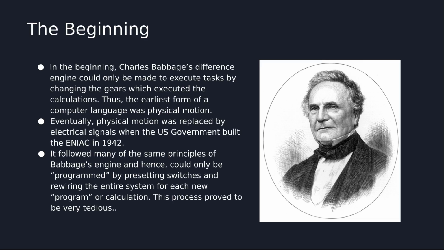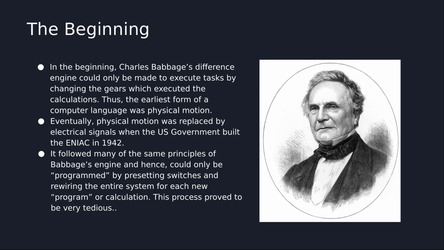Now, in the beginning, Charles Babbage's difference machine could only be made to execute tasks by changing the gears, which executed the calculations, which you can guess, at that time was pretty difficult. Thus, the earliest form of a computer language was physical motion. Try doing an upgrade of that.